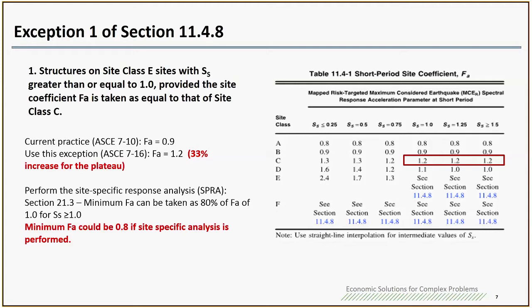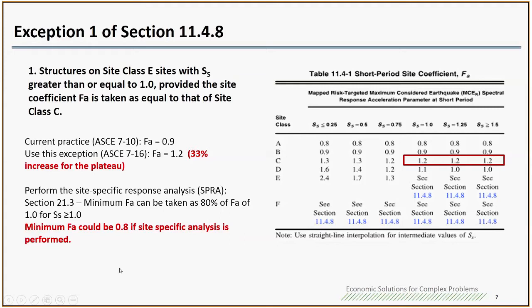So if you follow Chapter 21, Section 21.3, if you want to do the site-specific response analysis, the minimum Fa can be taken as 80% of the Fa of 1.0 when the Ss is greater than or equal to 1.0.